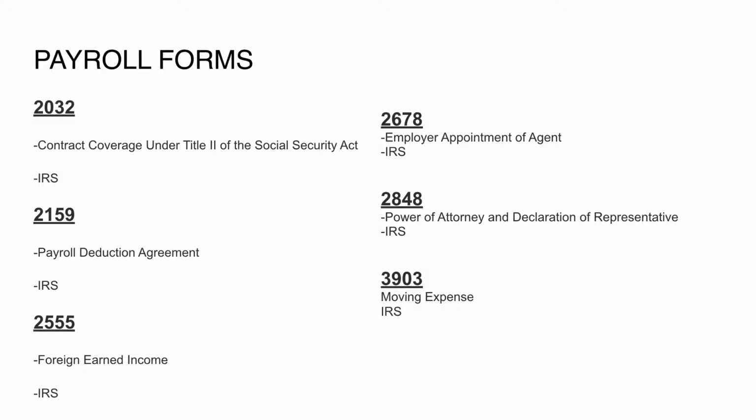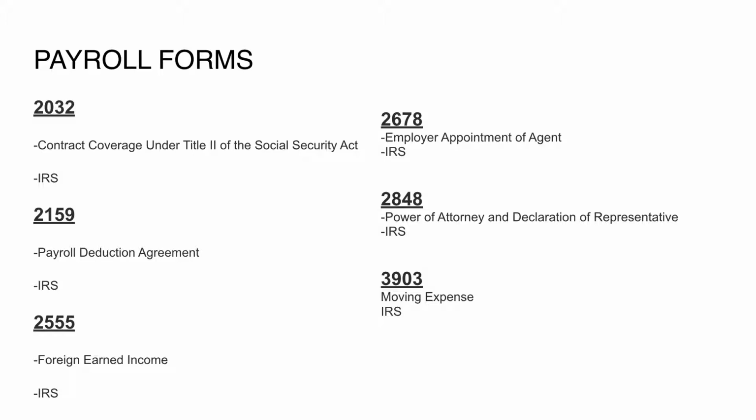Form 2032, contract coverage under Title II of Social Security Act. Form 2159, payroll deduction agreement, reported to the IRS. Form 2555, foreign earned income, reported to the IRS.